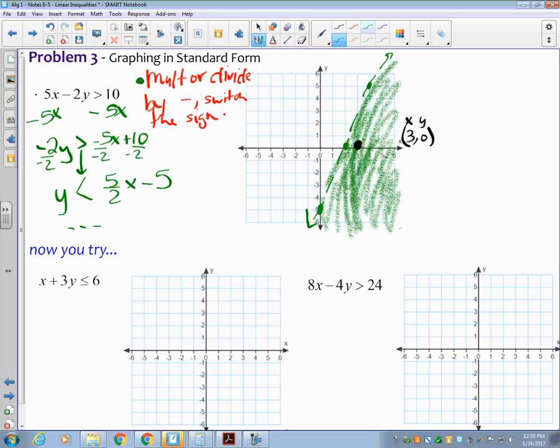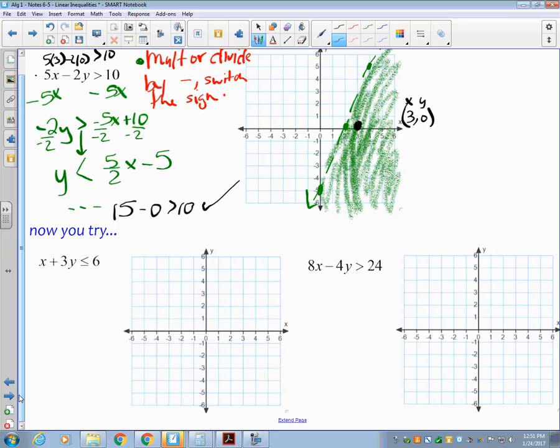I'm going to put 3 in for x, 0 in for y. I'm going to see if that's greater than 10. So 15 minus 0. Is that greater than 10? Is 15 minus 0 greater than 10? Yes. Yeah. So we check.